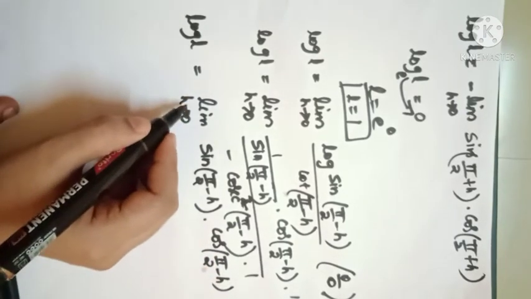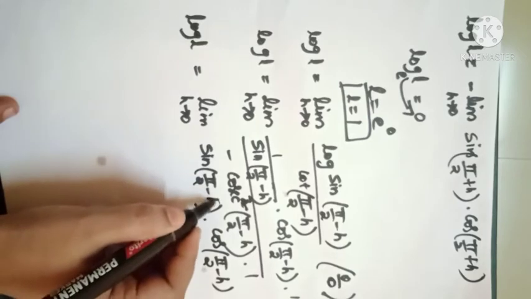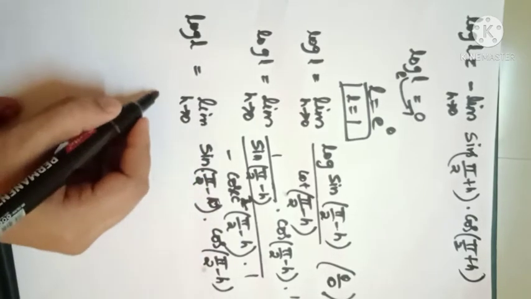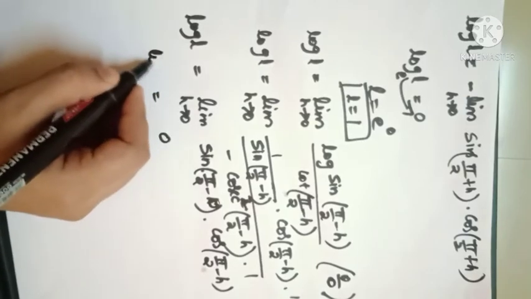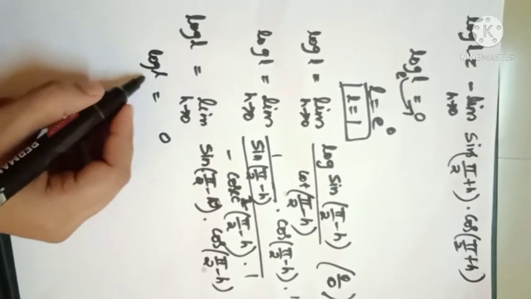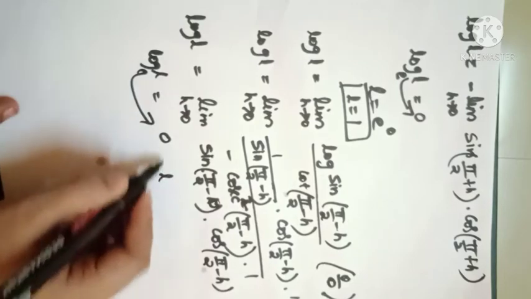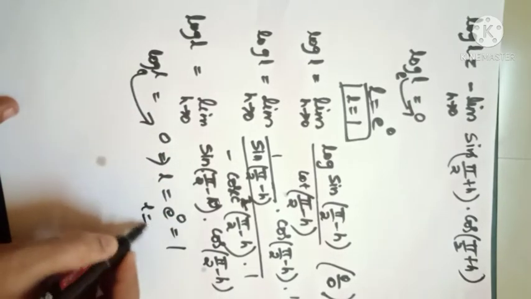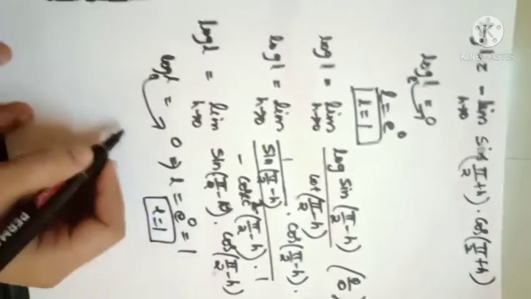Now you apply the limit h tends to 0. So this becomes sin pi by 2 cos pi by 2, which is nothing but 0. So this implies L is equal to e to the power of 0, which is 1. So here also the limit value is 1.